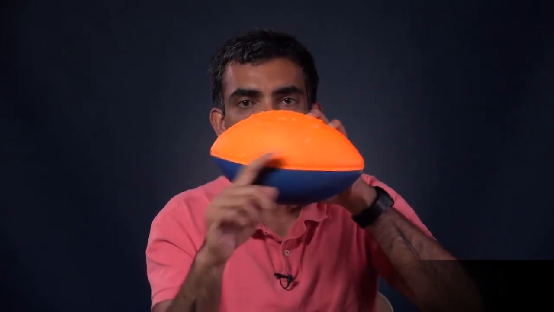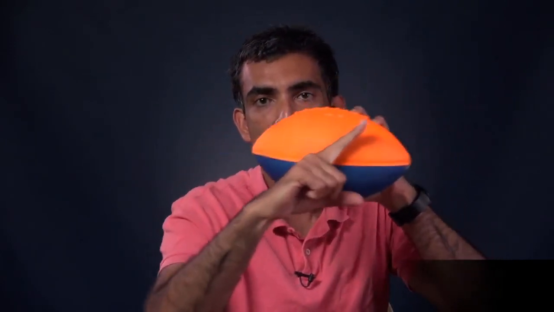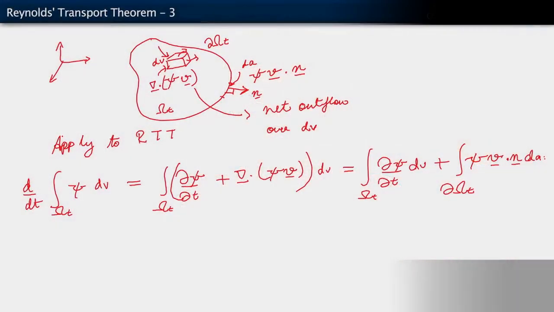At points where the velocity of the body on the surface is oriented outward, it is sweeping in more of that field psi, okay? And that is what we see is happening right here.